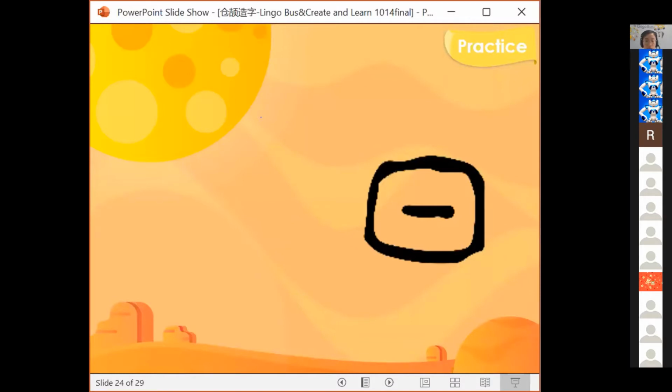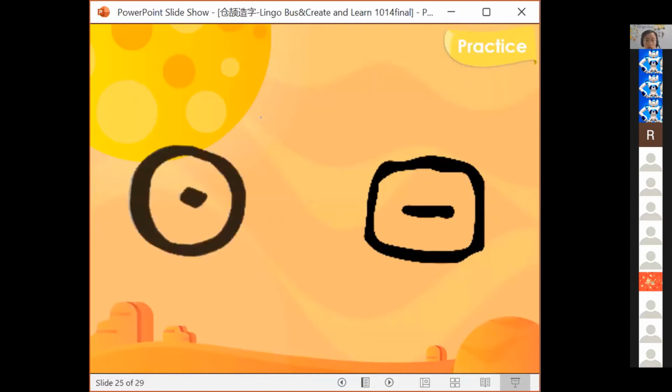Do you know which character it is? Yes, the sun in Chinese is 日. And do you still remember what Changjie drew? Are they the same? What did Changjie draw for sun? Yes, a circle with a dot in the middle, just like this.